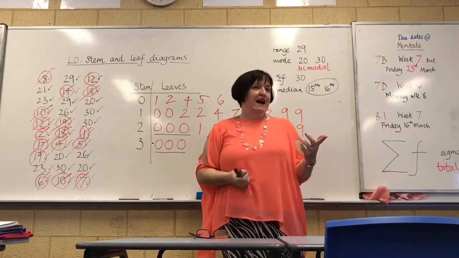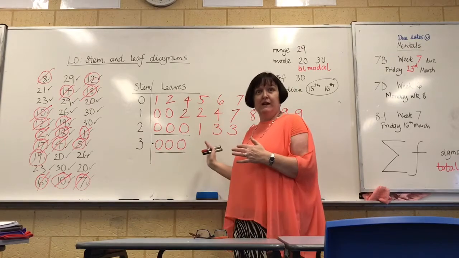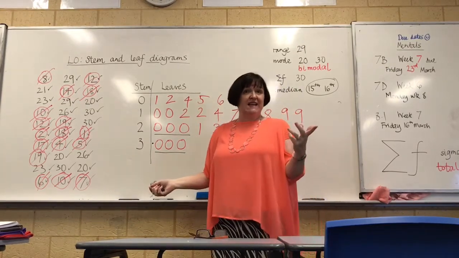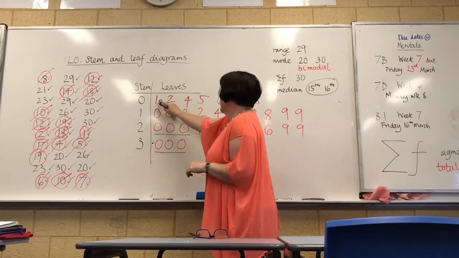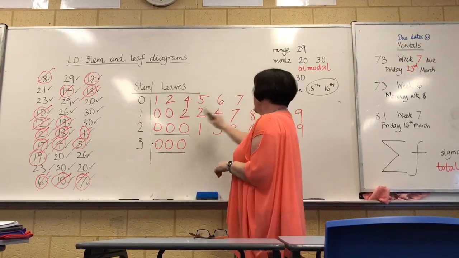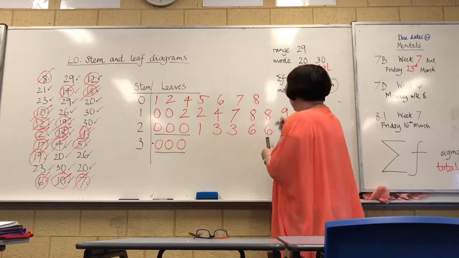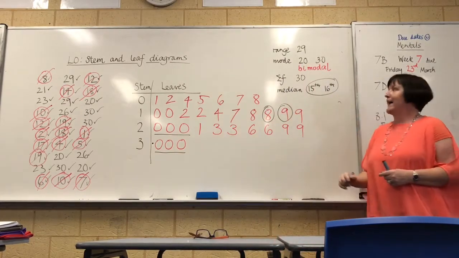We've already put the data in ascending order, because that's what we did when we did the ordered stem and leaf. Now we just need to count the 15th bit of data and the 16th. So 1, 2, 3, 4, 5, 6, 7, 8, 9, 10, 11, 12, 13, 14, 15. The 15th bit of data is there and the 16th is there.